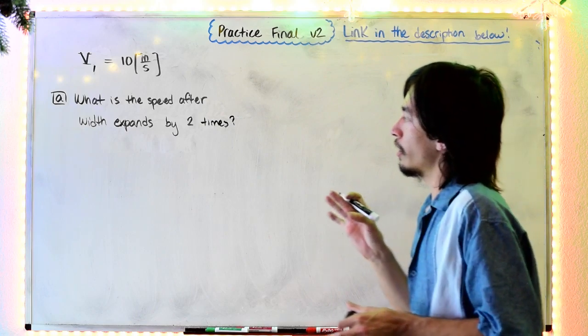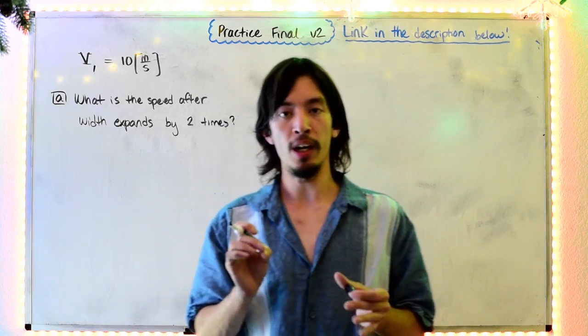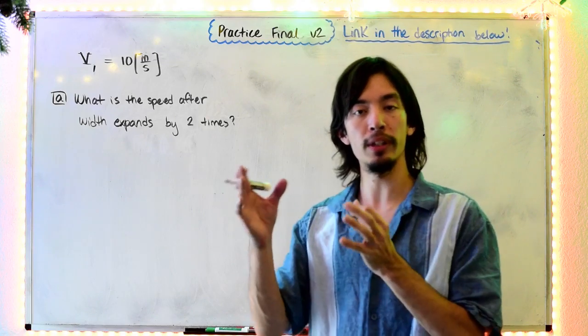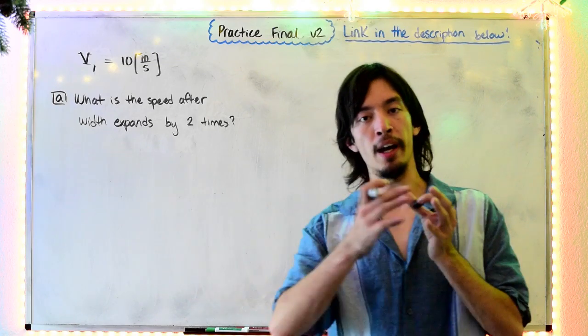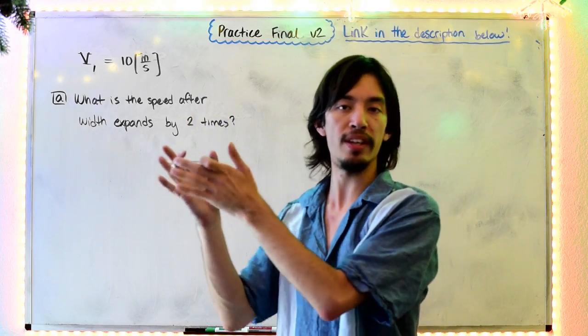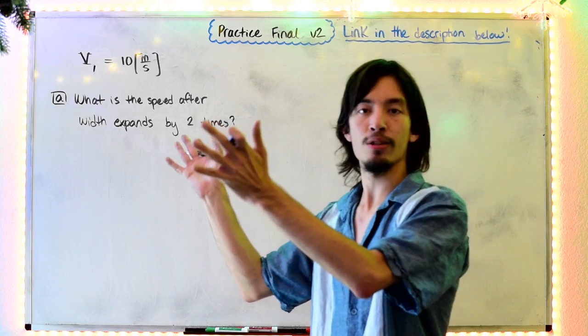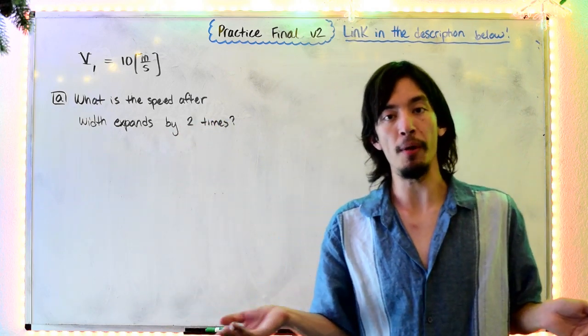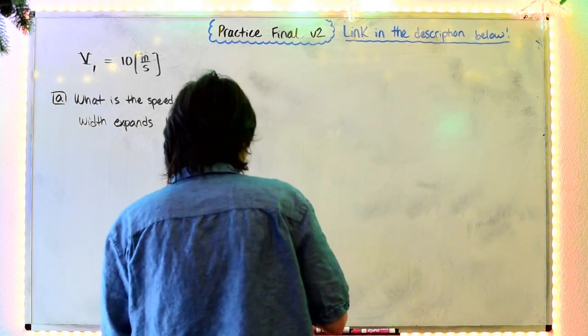So this is an example of a liquid or fluid that's flowing, and then the diameter, like of a pipe, or in this case the width of our river, expands or contracts, causing it to either speed up or slow down.